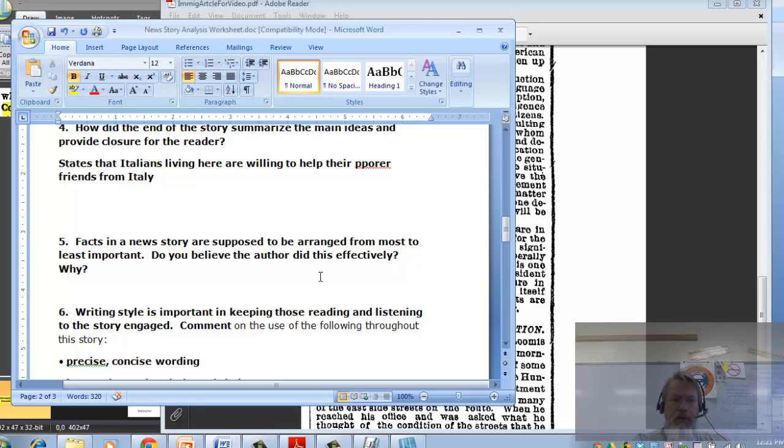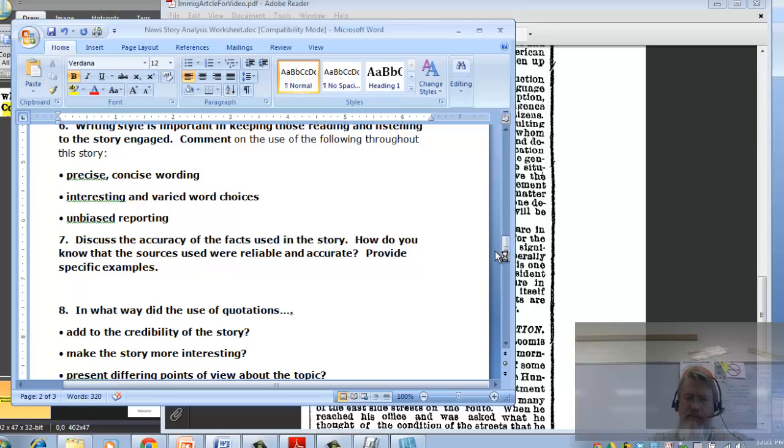And then the writing style is important to keep those reading and listening to the story engaged. Have you ever read something that was boring? I think most of us have. If you're engaged in the process, you're more likely to do the work that's necessary and learn from it. But you see there's other guiding thoughts there.